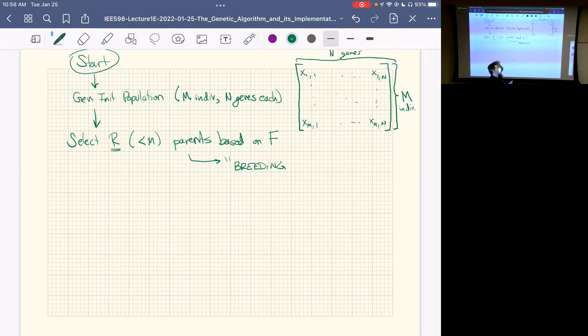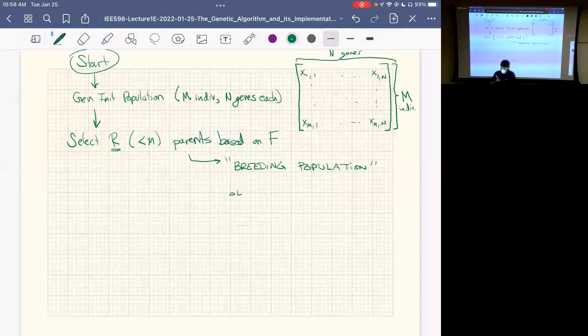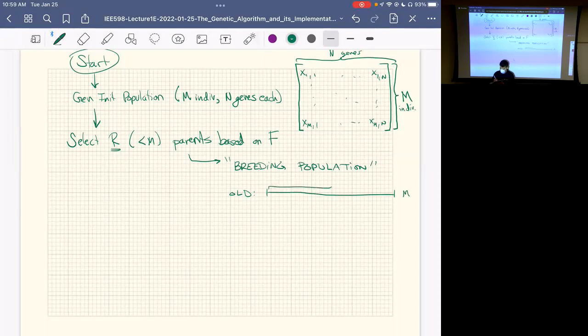But in general, they'll all select a breeding population, or a number of breeders. You can think of that as, in our old generation, we had M individuals.